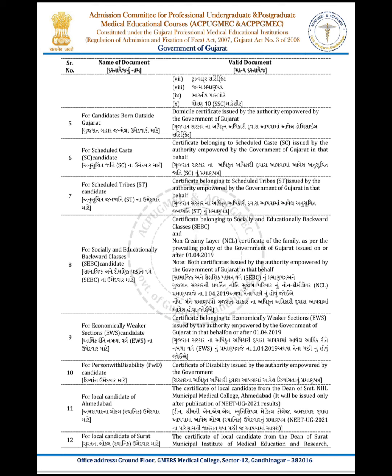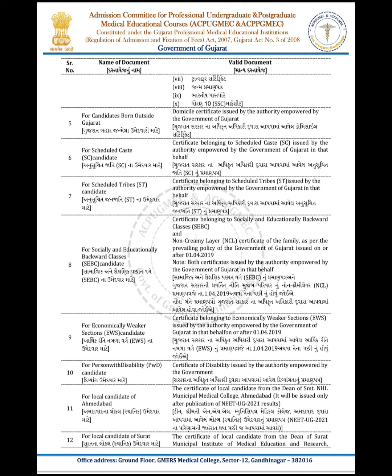SC/ST candidates need to take their category certificate. Same is for SEBC candidates, that is OBC candidates. Then EWS category students should also take their certificate. Similarly, the students belonging to PWD category, the physically handicapped candidates, even they need to take their category certificates.